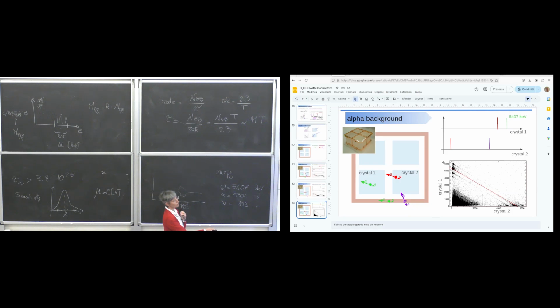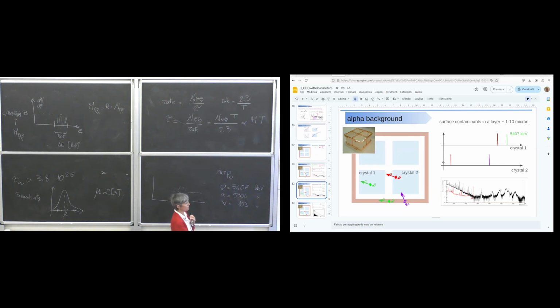Therefore, recoil on one side and alpha particle on the other. An event that is deep in the copper surface does not produce events in this scatter plot, but produces events in here.